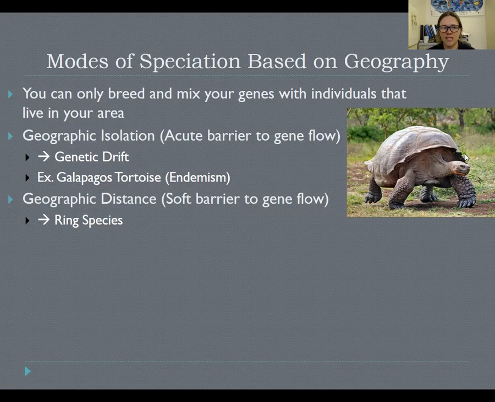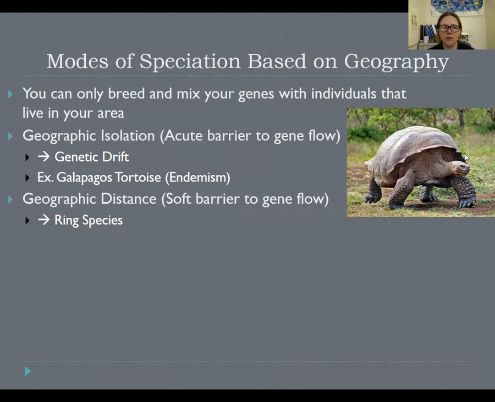So the basic idea is that you can only breed or experience sexual reproduction and mix your genes with individuals that are in your same area, right? So if you're a finch on a Galapagos Island, if you're a tortoise on a Galapagos Island, or anywhere else, you're not going to be able to successfully mate and have offspring with a tortoise that lives in an area that you can't get to. So geography is very important.